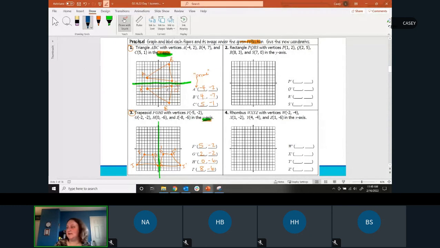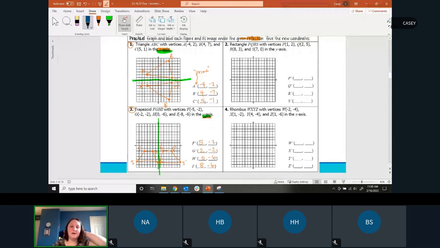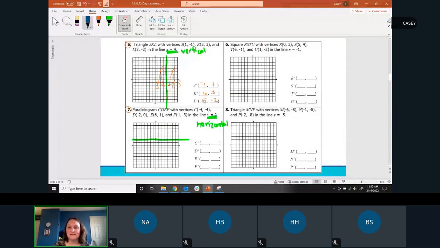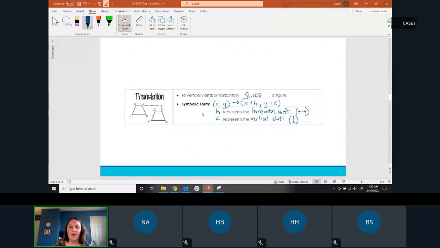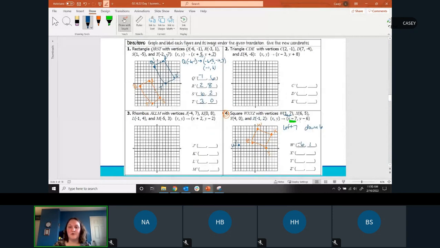Are they different sizes? They're congruent. They're the same size. Okay. Then we talked about translations, where we took our shape and we moved it left, right, up, and down, or a combination of those. Looking at your image and your pre-image, are they the same size or different? They're the same size. They're congruent.